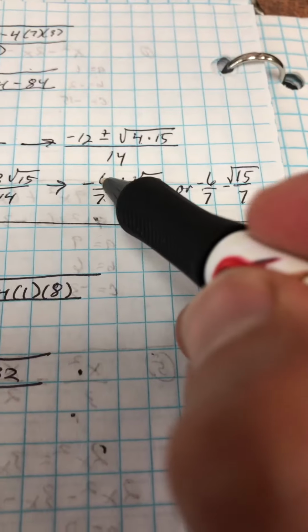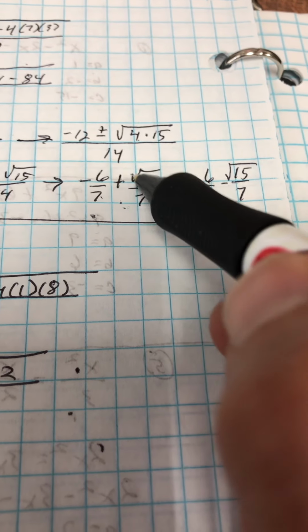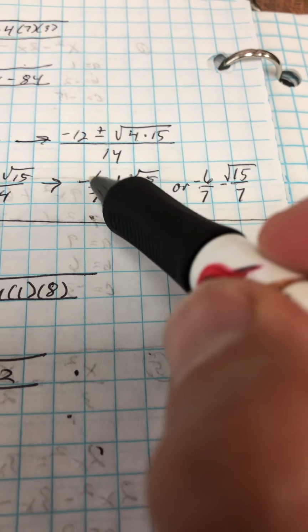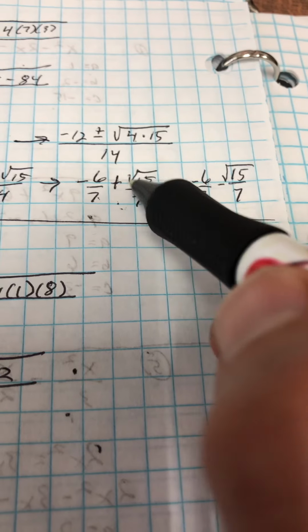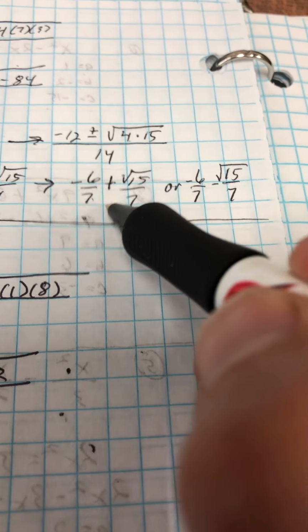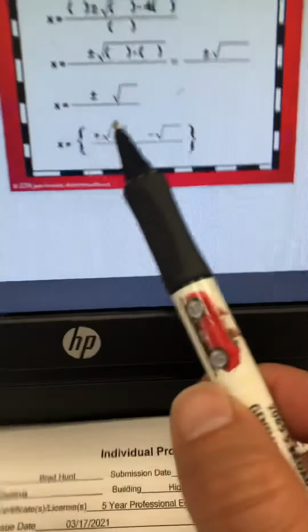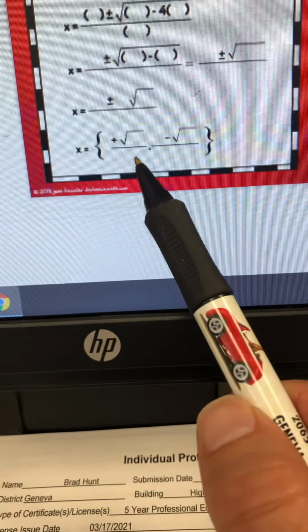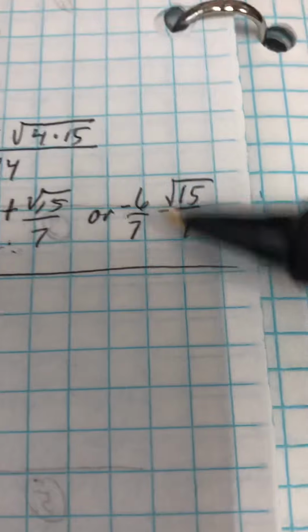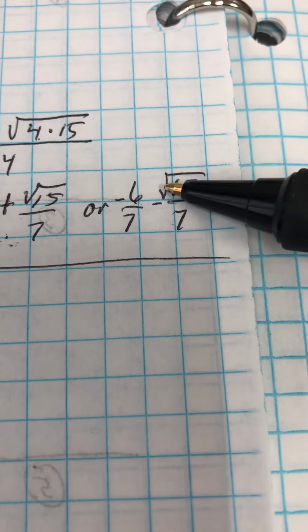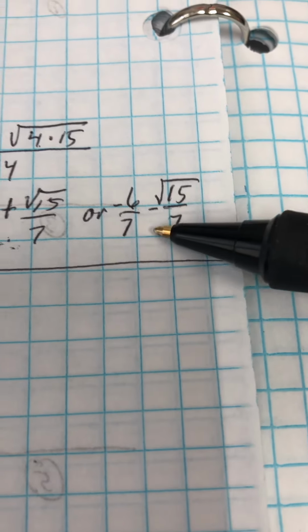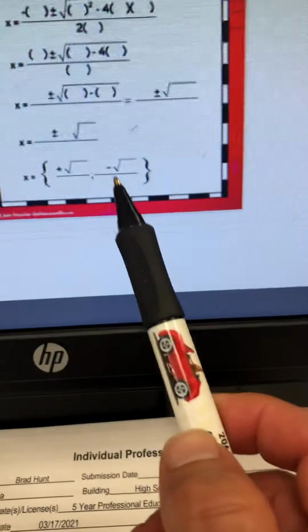I split mine up: negative 6 over 7 plus square root of 15 over 7. You could just have negative 6 plus square root of 15 all over 7. And then your other one is going to be negative 6 minus square root of 15 all over 7. That would be your answer right there.